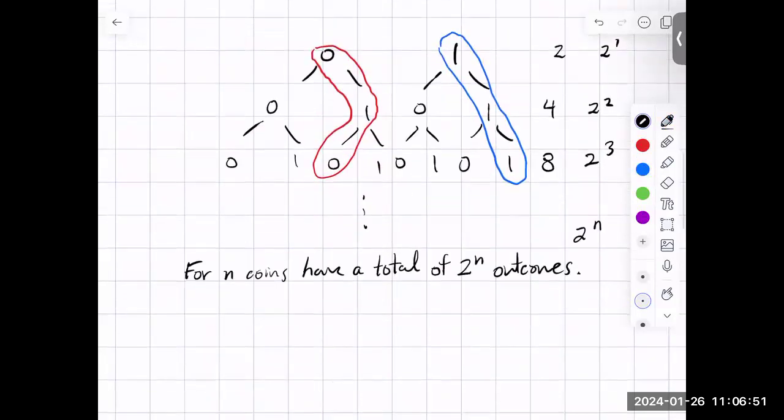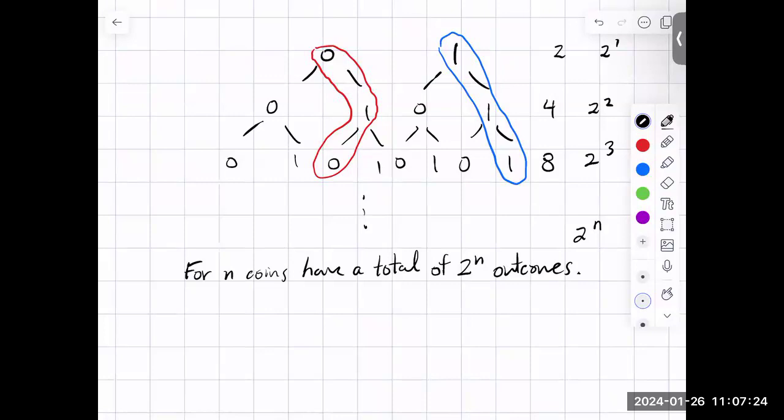And so if there's 2 to the n possible outcomes, the probability of any particular outcome must be 1 over 2 to the n. And the reason that it might be the case is because if I was to ask, what's the probability of getting this first outcome, or the second outcome, or the third one, or the fourth one, or all of them, like when you do this or this, probabilities add.